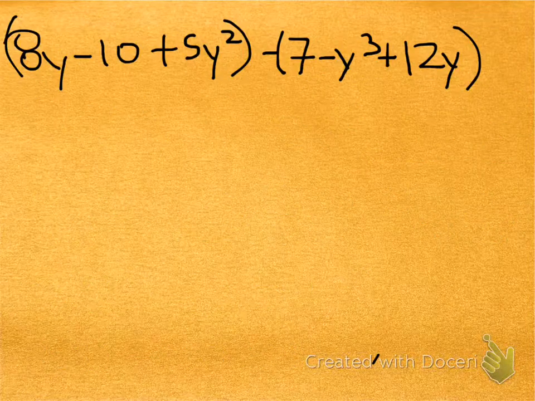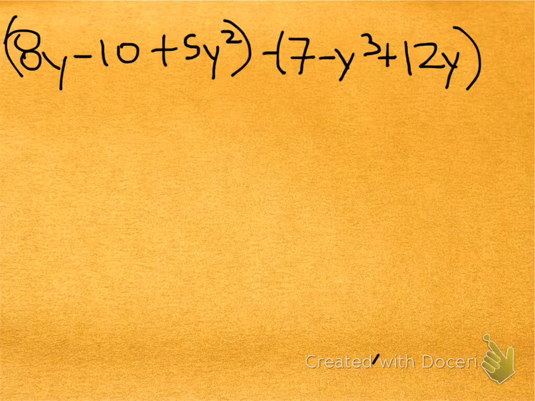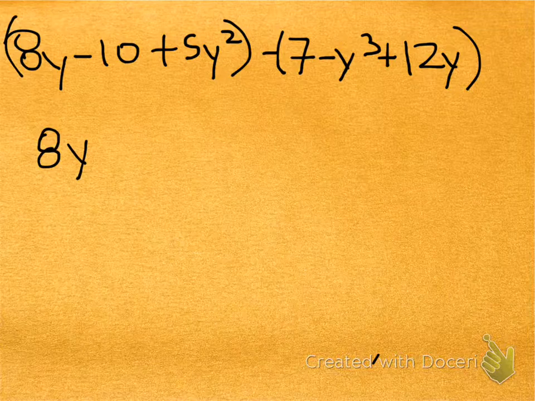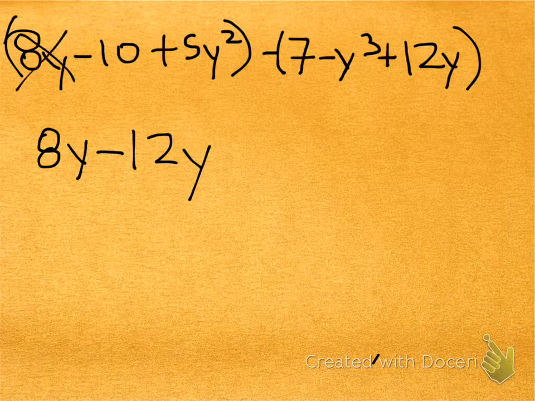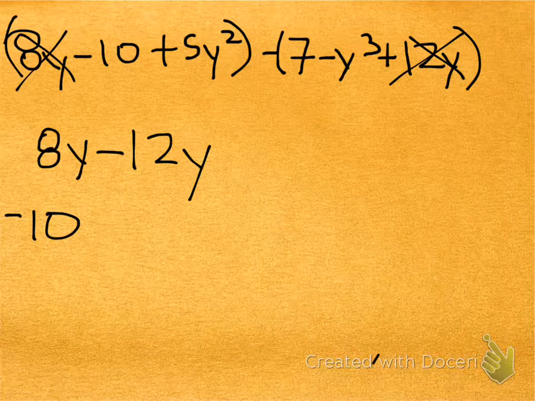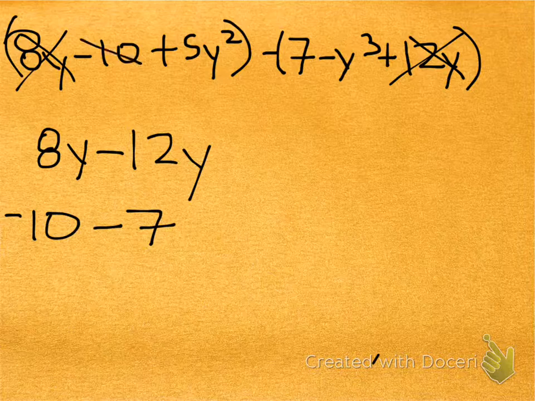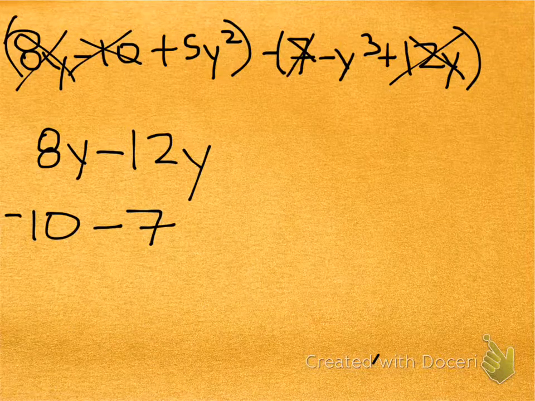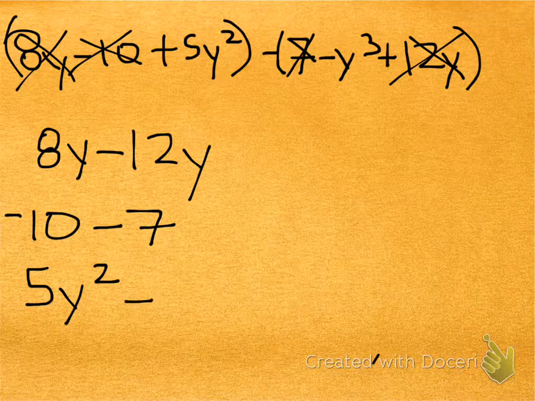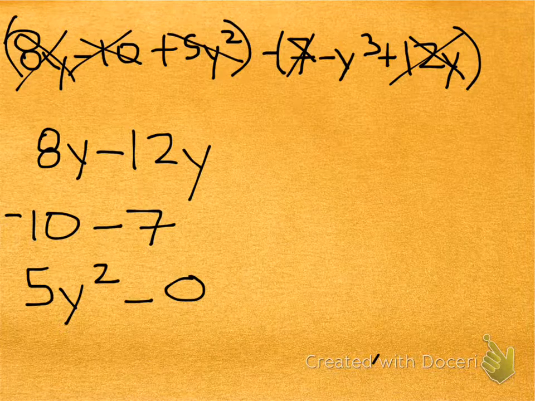One more like that, and then we'll do a word problem. So 8y is the same as 12y, so we have 8y minus 12y. Then negative 10 minus 7. And then 5y squared minus 0, because there's no other term with a squared.